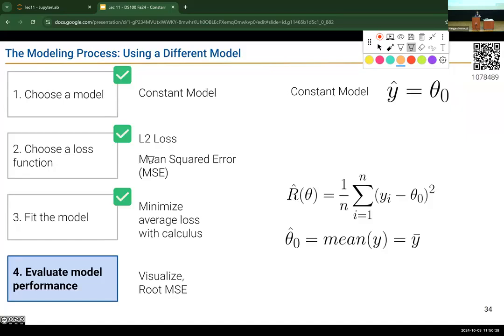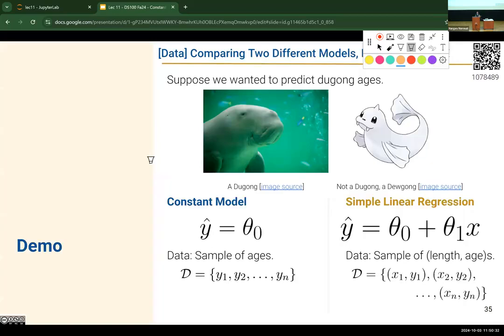Now I want to evaluate what had happened and what is the impact of having this constant model versus a model that can be more complex, and what's the shape of this loss function overall. So the example that we're going to see in the demo is a data set of dugongs. We're trying to predict the age of dugongs.